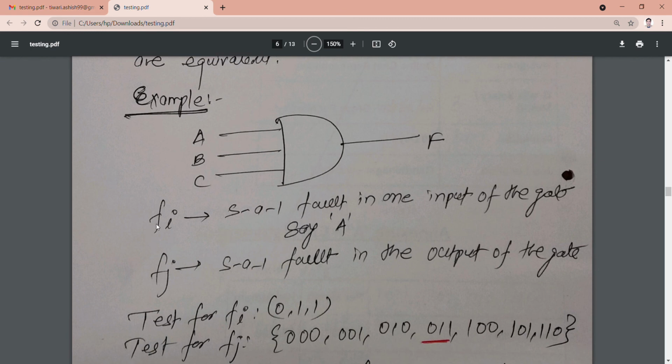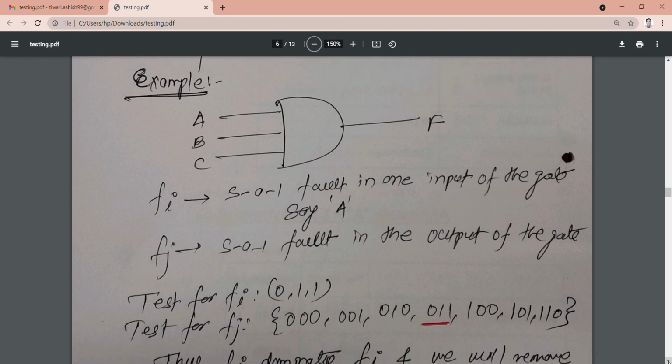Here, for the first fault, I am assuming Fi is a stuck-at-1 fault at one of the inputs of the gate, say A. So I am taking A stuck at 1. Now Fj is a stuck-at-1 fault at the output of the gate, that is F stuck at 1.